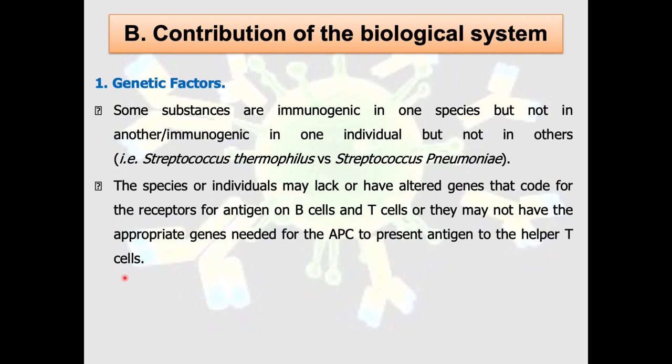Why? Because they come in the same group. Maybe bacteria A2 already underwent some mutations or altered genes, so it changed the genes that code for the virulence, so that it can no longer be recognized by the receptors on the B cell and T cells.